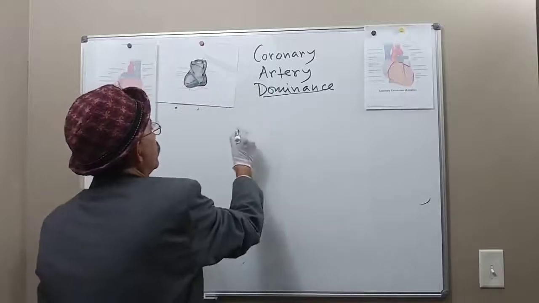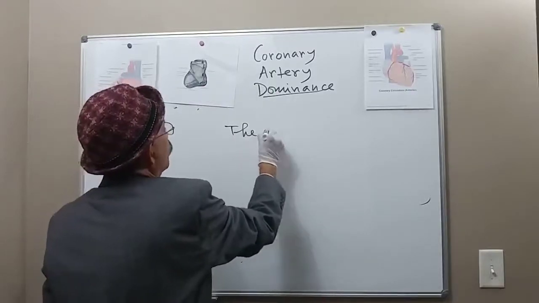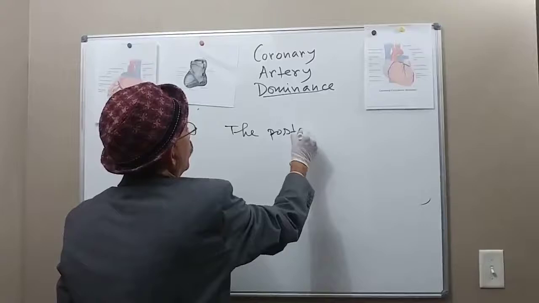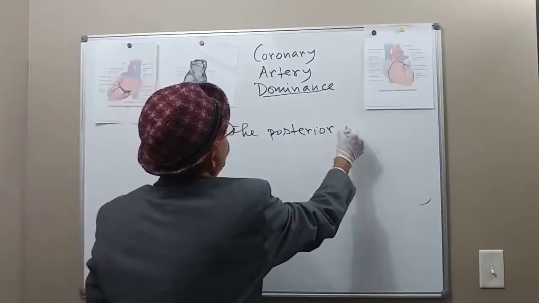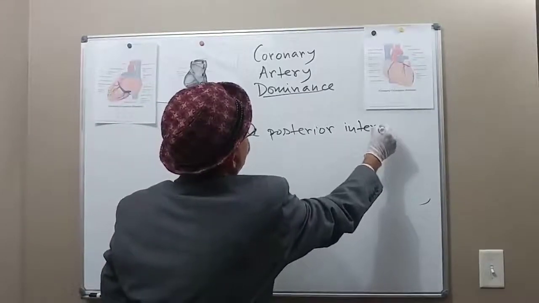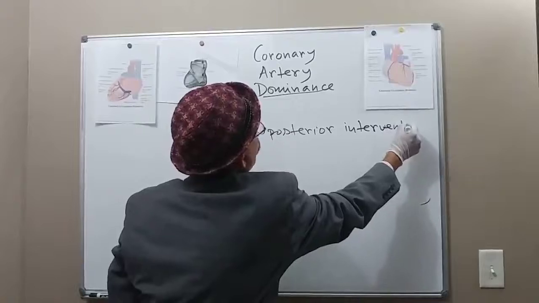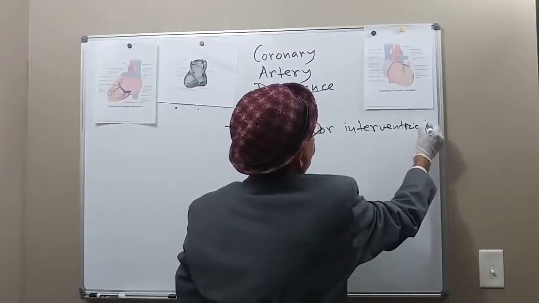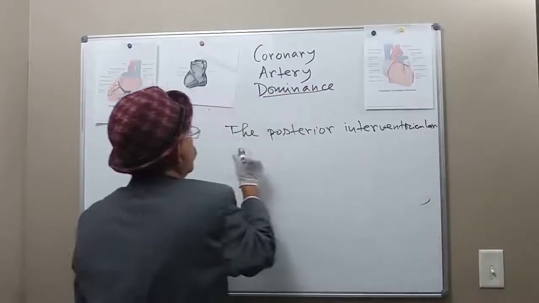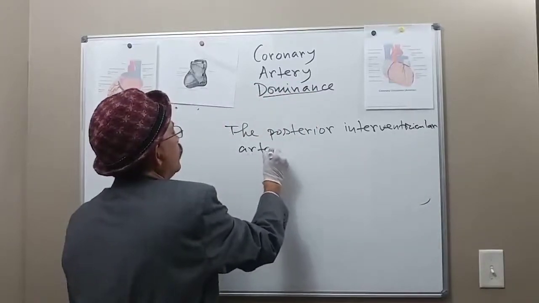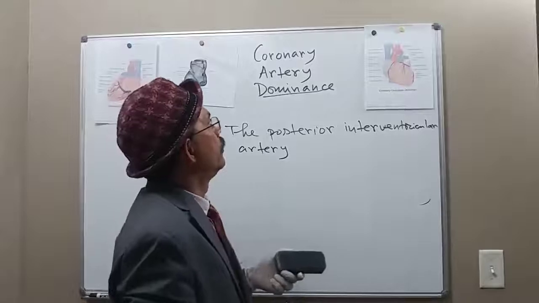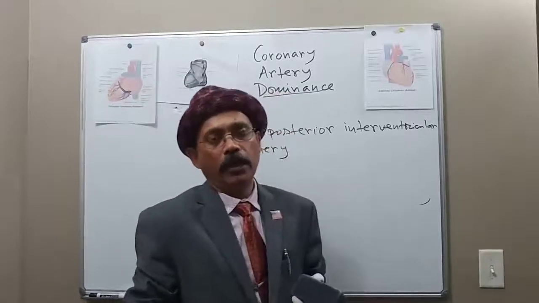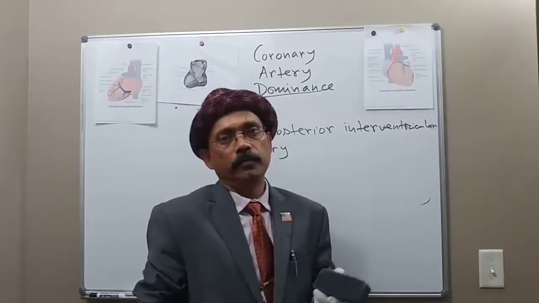So the posterior interventricular artery is the determinant of coronary artery dominance.